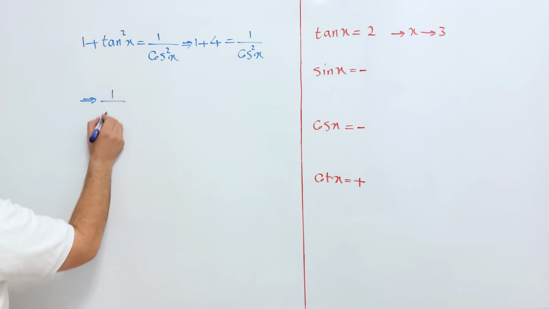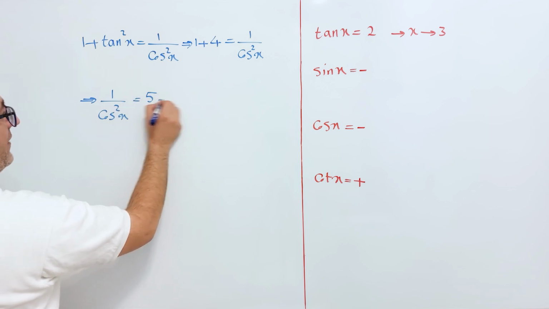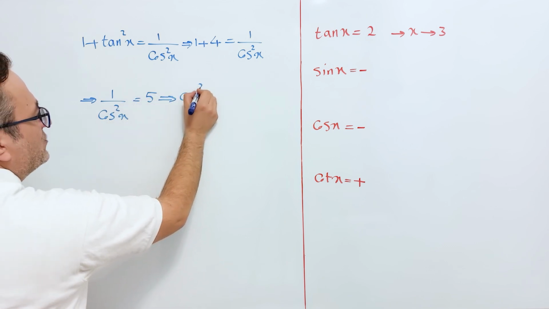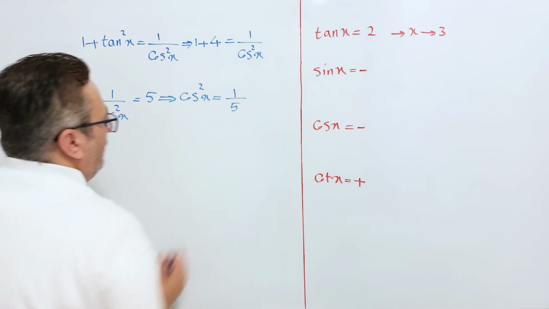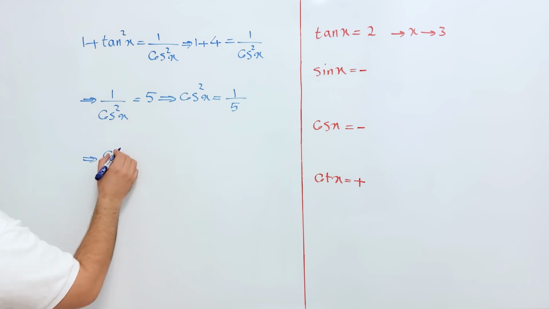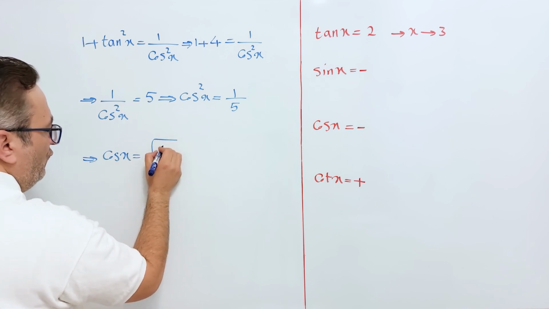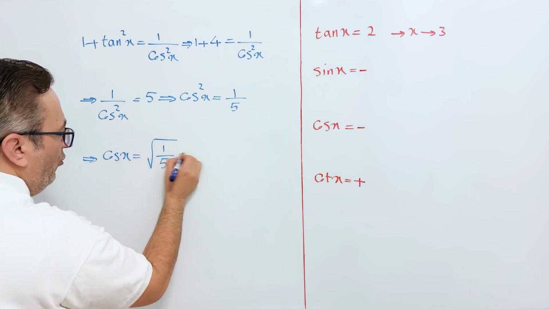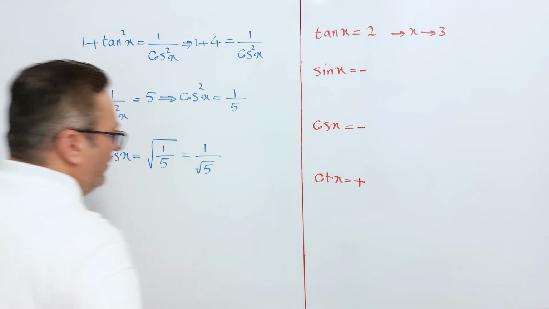So 1 over cosine squared x is equal to 5. So cosine squared x is equal to 1 over 5. So cosine x is equal to the square root of 1 over 5, or 1 over the square root of 5.